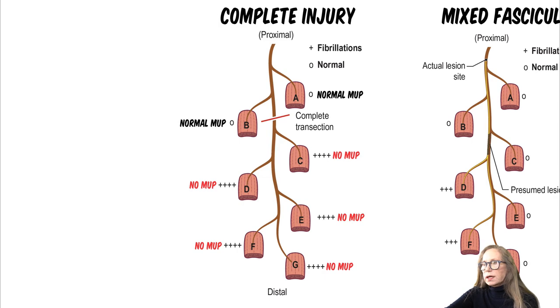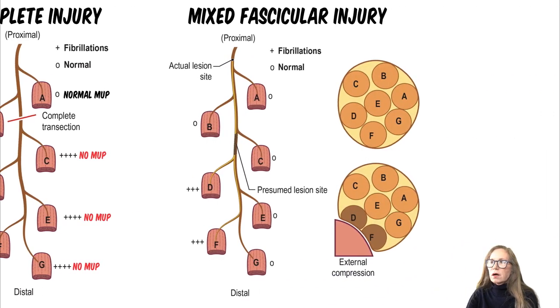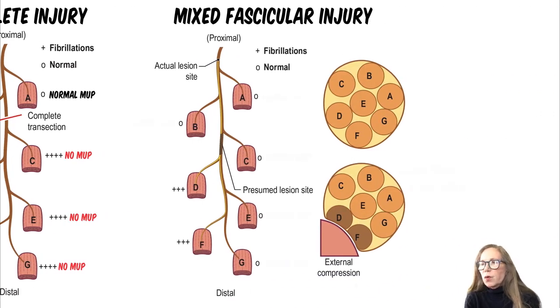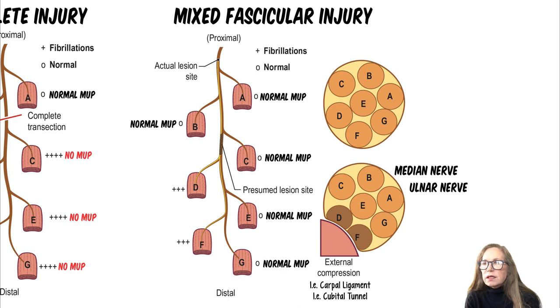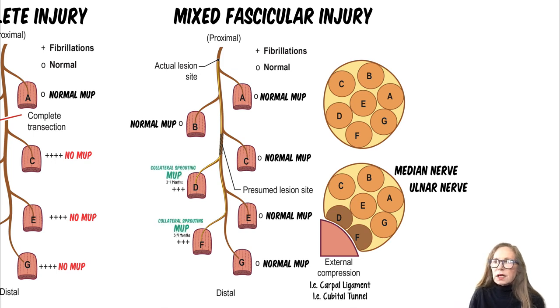In a mixed injury, we've got a mixed injury here, and in this situation, you can see the muscles innervated by D and E have been injured, the other muscles not, and over time, there's collateral sprouting from the muscles D and F over to help the other ones that would be denervated.